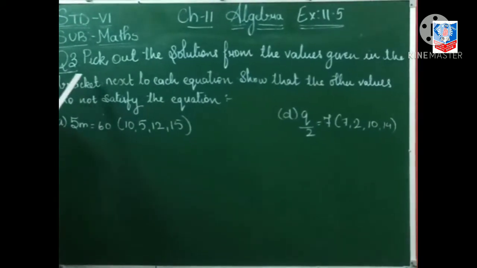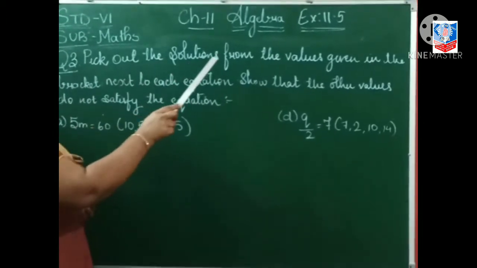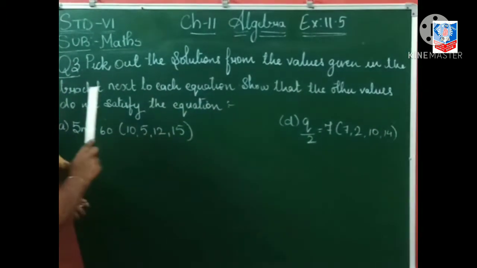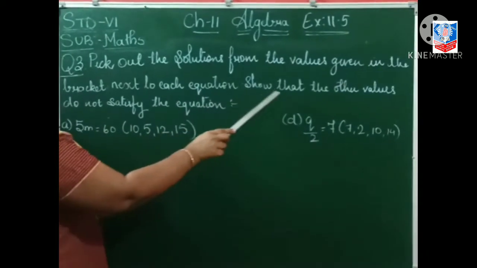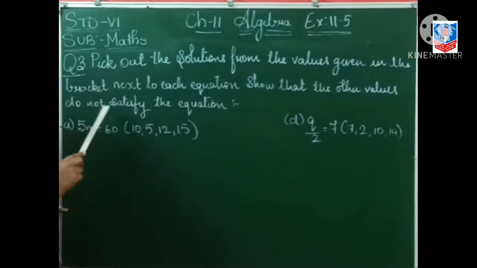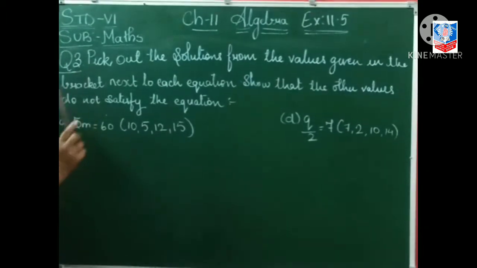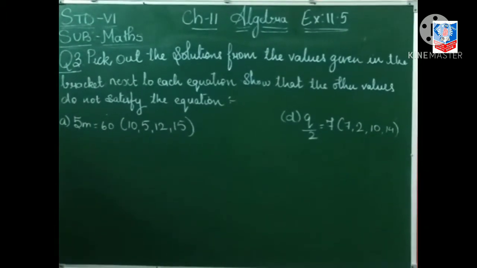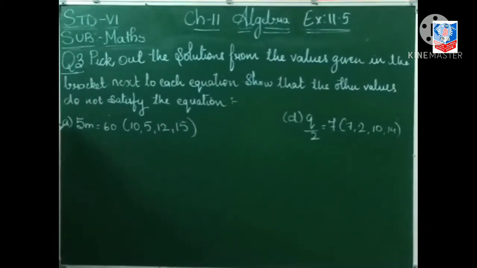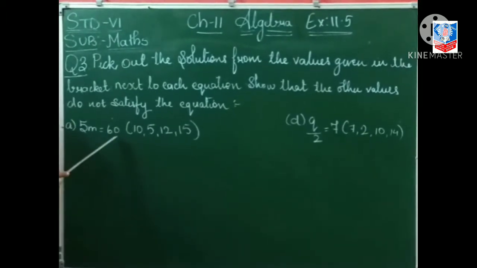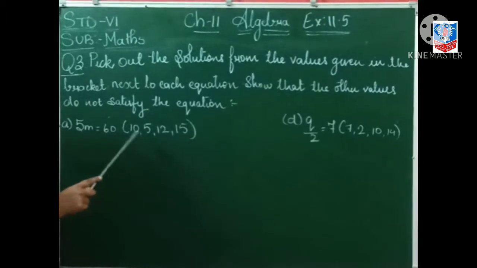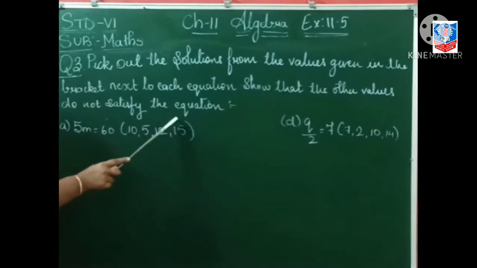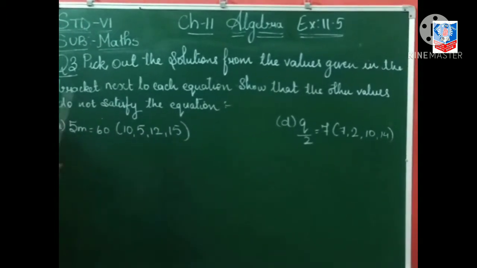Question number 3. Pick out the solutions from the values given in the bracket next to each equation. Show that the other values do not satisfy the equation. This is just like sum number 2. Now see, 5m is equal to 60 and some values are given here. We have to see which value satisfies the equation.